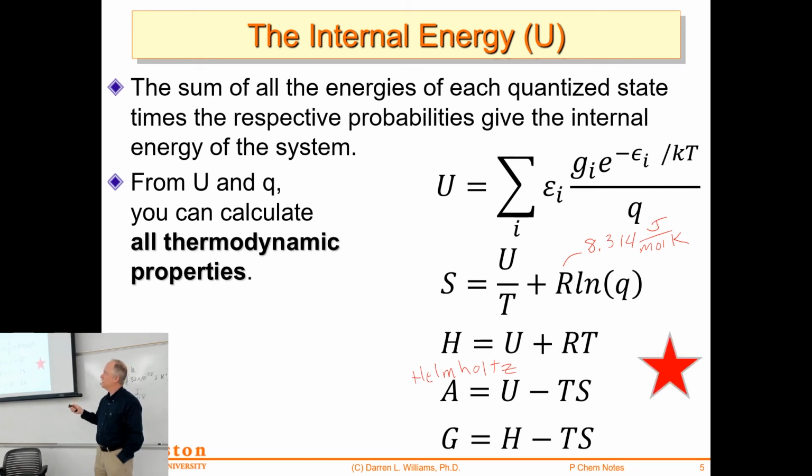The internal energy, entropy, the enthalpy, which is H, the Helmholtz free energy is A, and that determines spontaneity in systems of constant volume. And then the Gibbs free energy tells you spontaneity in systems of constant pressure. And they both use the entropy.